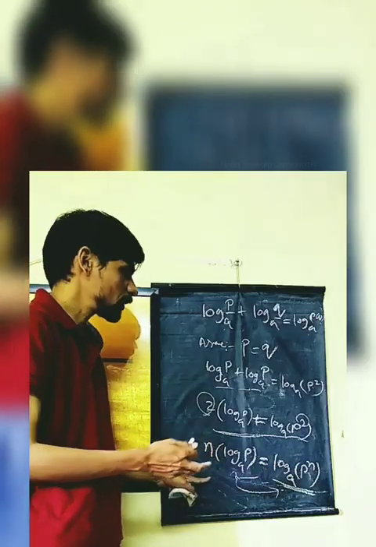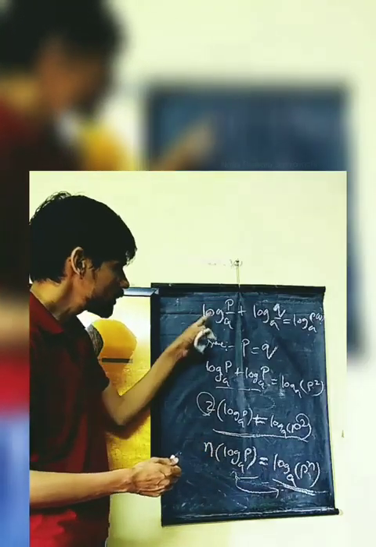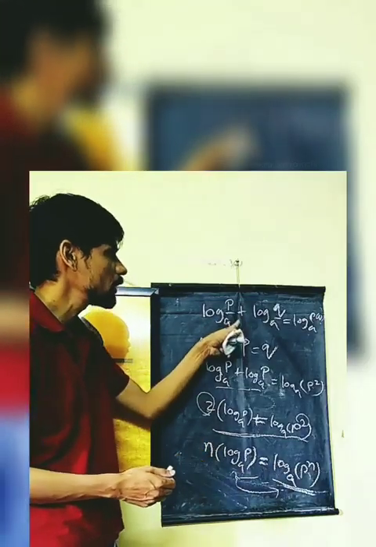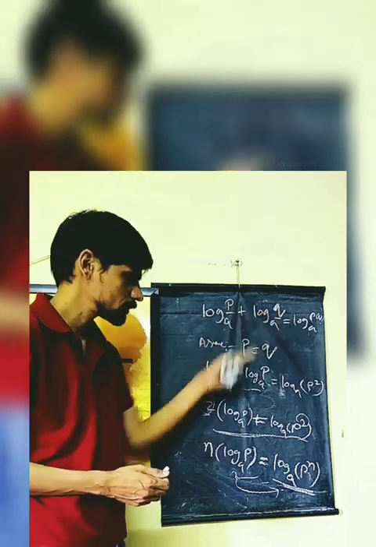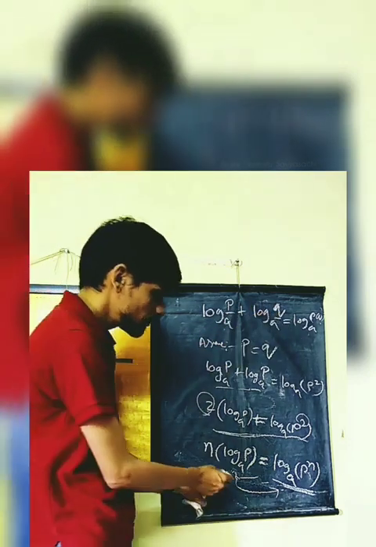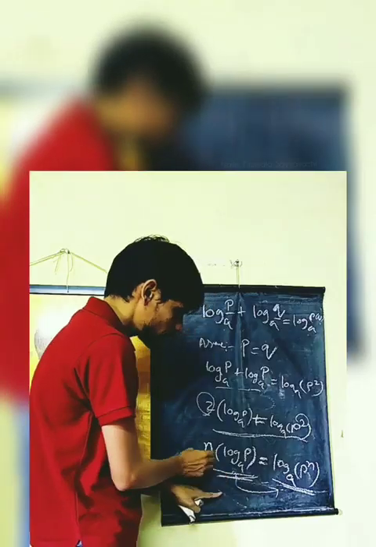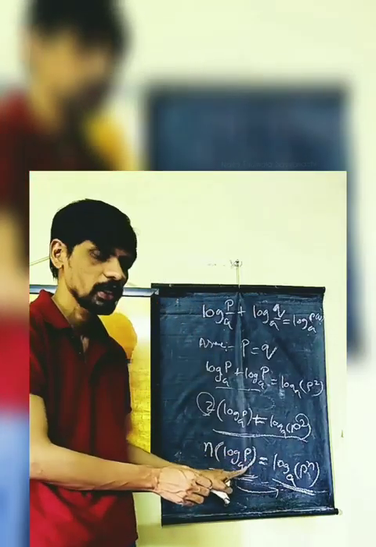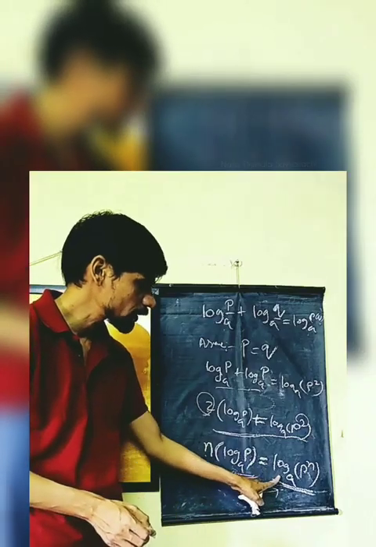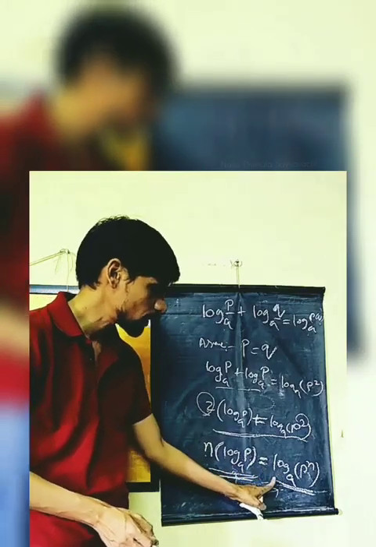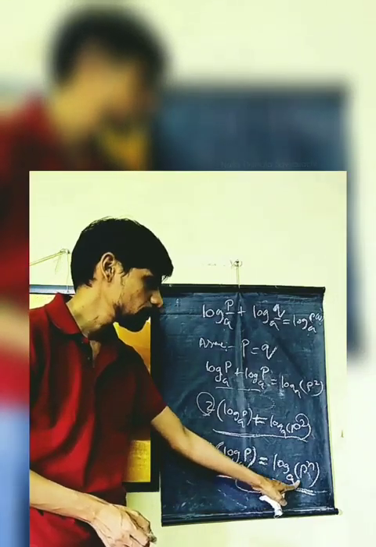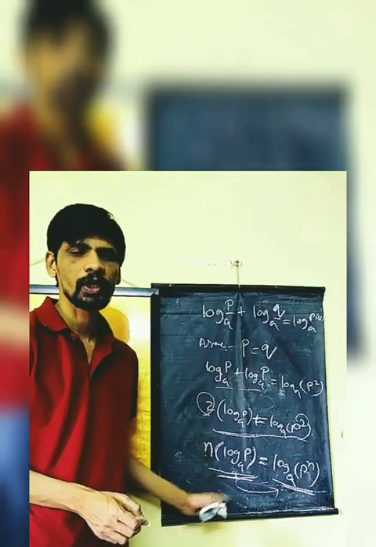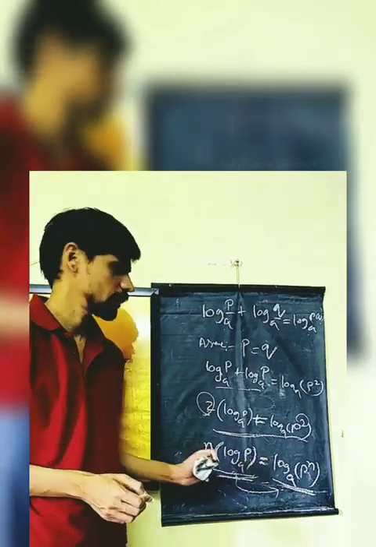See, this scenario came when we are doing addition and the p and q are the same. If you see n multiplied by log a p, that means we can represent this in another format like log a p power n.